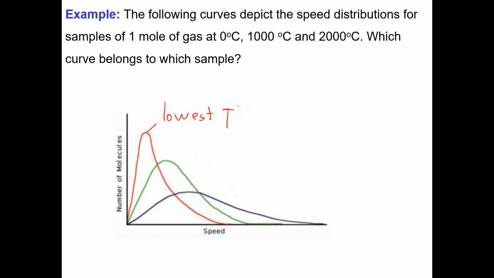So that's going to be my lowest temperature. And then higher temperatures mean high average speed and a broader distribution of speed. So this is going to be my highest temperature. So it's pretty obvious that the orange one is 0 degrees Celsius, the green one is 1000 degrees Celsius, and the blue one is 2000 degrees Celsius.